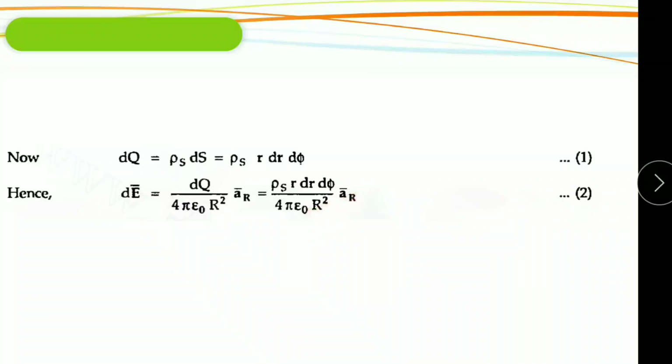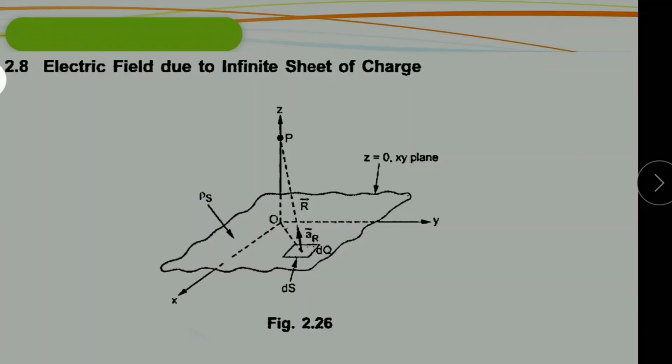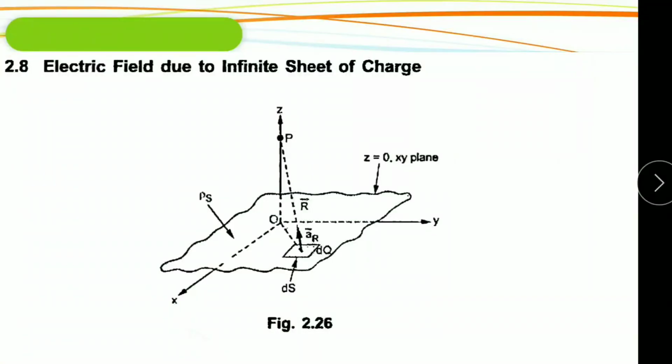So first of all, what is ar bar, and where is it placed? Let us discuss in this picture. When you observe the picture, here r is the distance between point P and the smallest surface area, and ar is along the direction of the r vector.